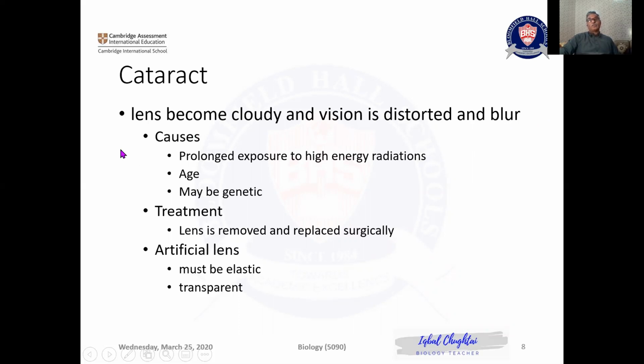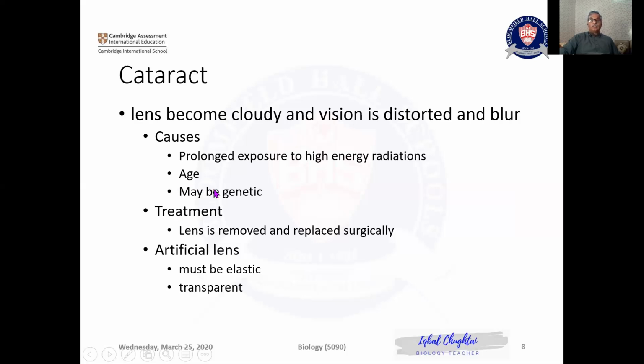What are the possible causes of this cataract? When we are exposed to high energy radiations for a prolonged time, for example from devices such as laptops, LEDs, or even mobiles, when they are emitting high energy radiations, or even when we are exposed to sunlight, we are more exposed to high energy radiations. These high energy radiations, through continuous exposure over the lens, can make the lens turn cloudy.